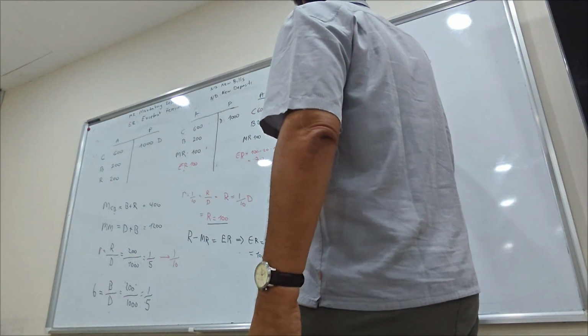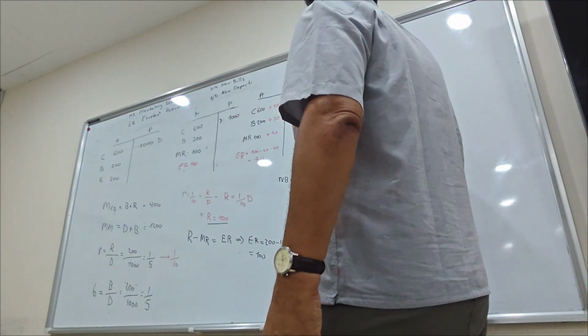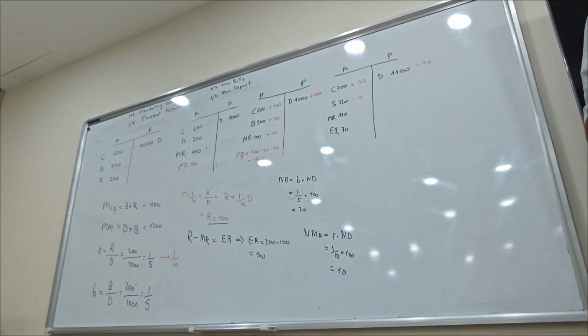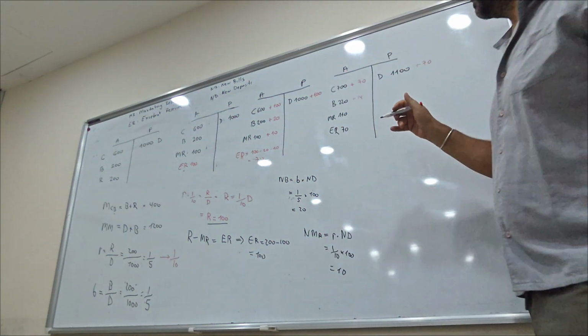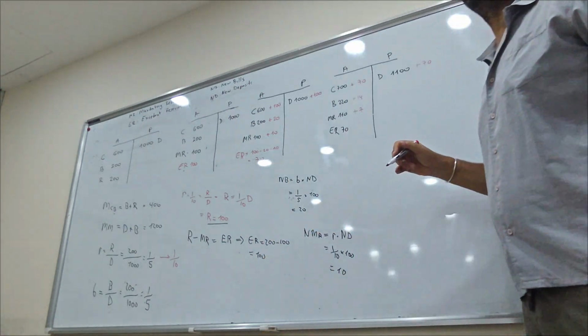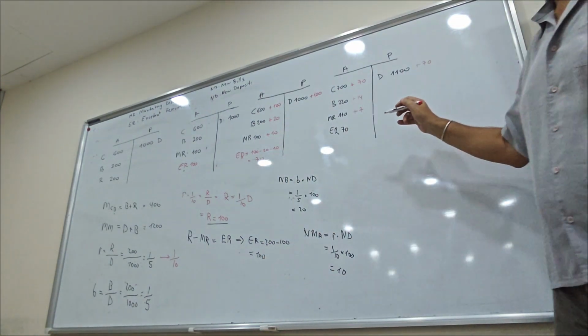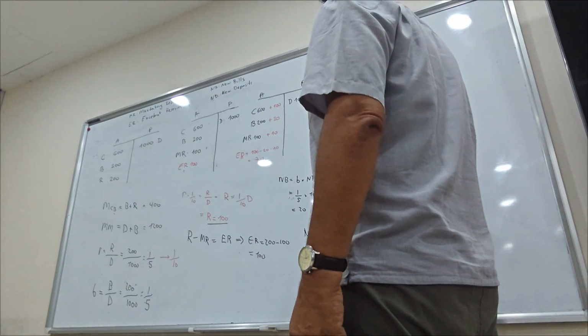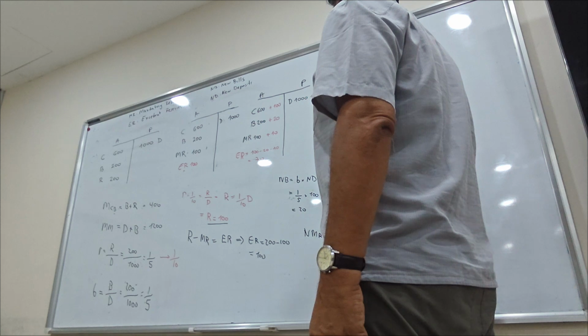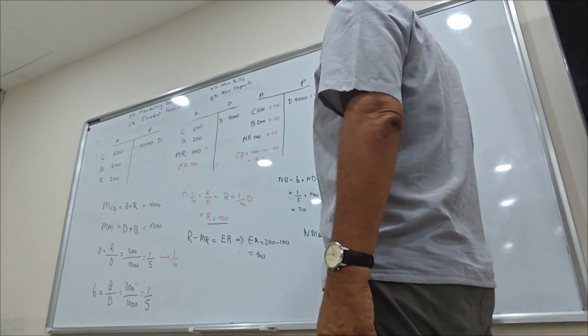So this will be plus 14. How many new mandatory reserves are you going to get? 7. So how much is now my excedentary reserve? 70 minus 7 minus 14, which is equal to 49.